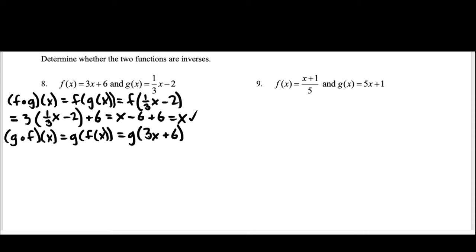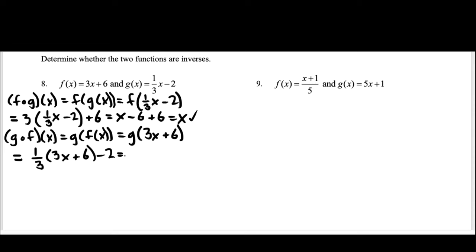Okay, so now in the function g, the x has to get replaced with 3x plus 6, right? So this is equal to 1/3 times 3x plus 6 minus 2. Okay.